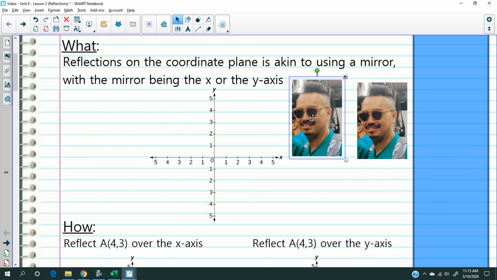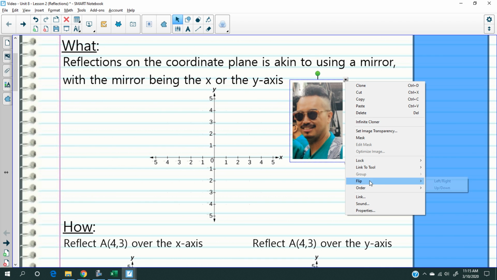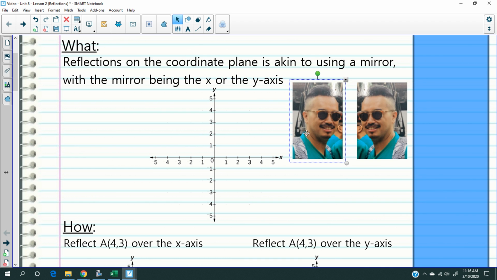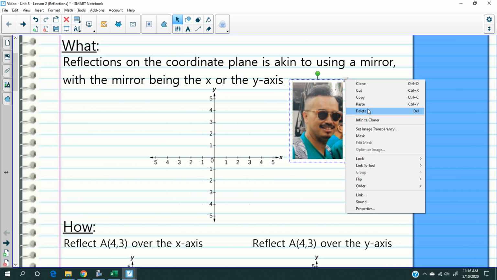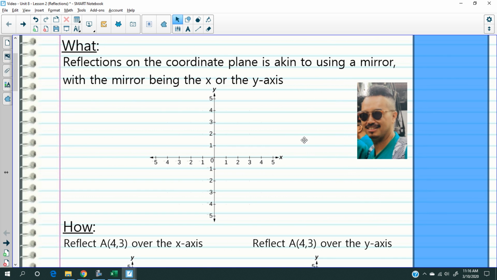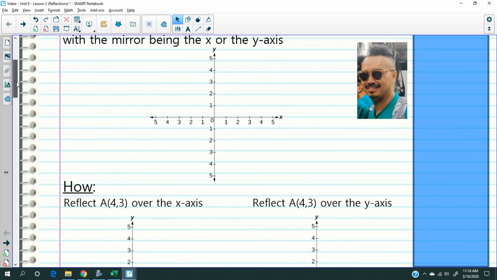So again, if I were to flip this original picture over, to flip it around, I would look like this. It wouldn't give me an exact duplicate of the picture. So in a way, reflection is like using a mirror. It is flipping over with the mirror being either the x-axis or the y-axis. So with that said, let me show you an example and you'll know what I'm talking about.